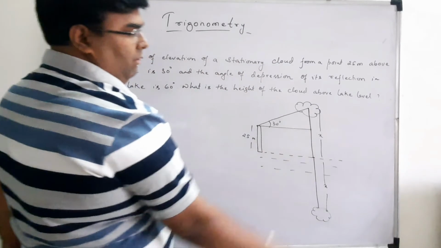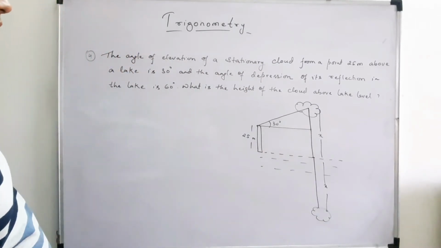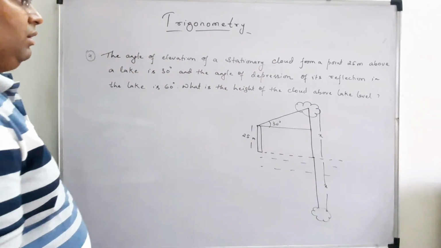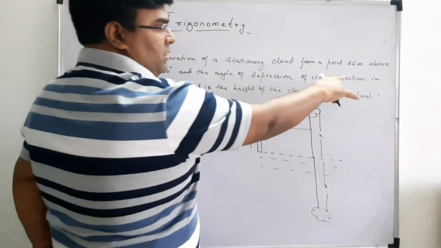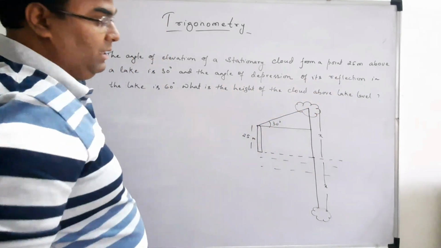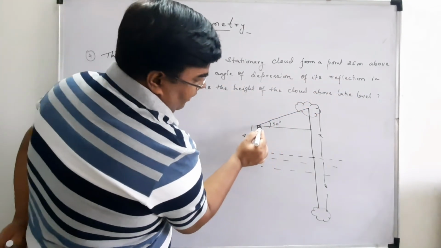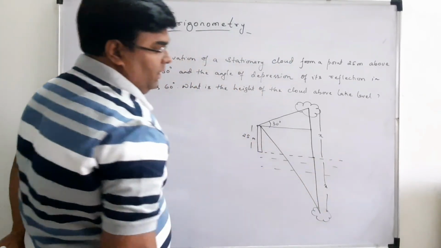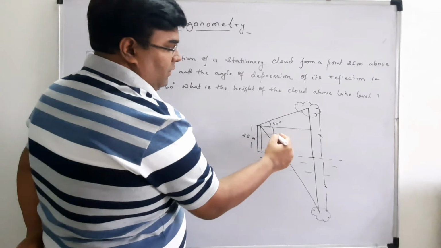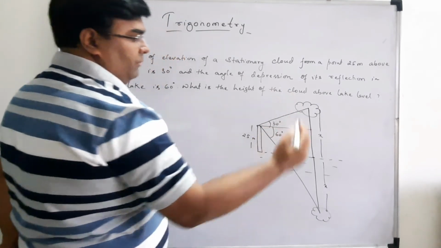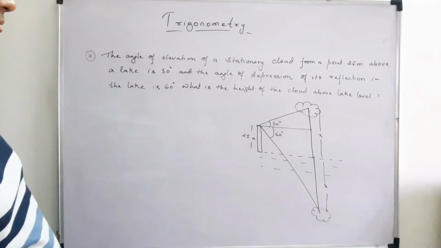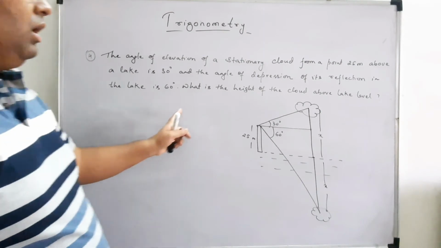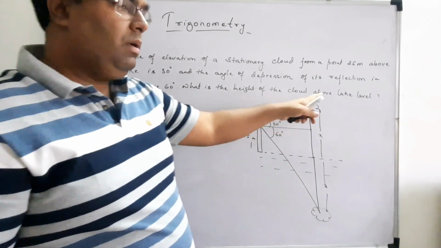So the total distance will be what? 2x. Okay, let's keep it like that. And the angle of depression of its reflection in the lake is 60 degree. Okay, so if we are looking at this, right, this angle is my 60 degree, correct? So what is the height of the cloud above lake level?